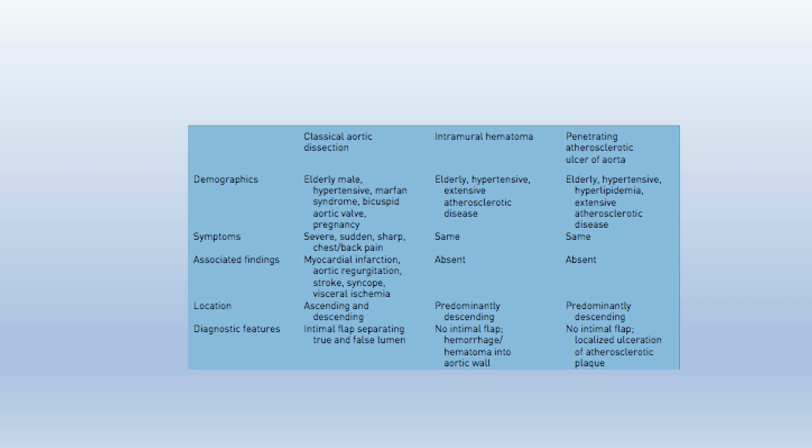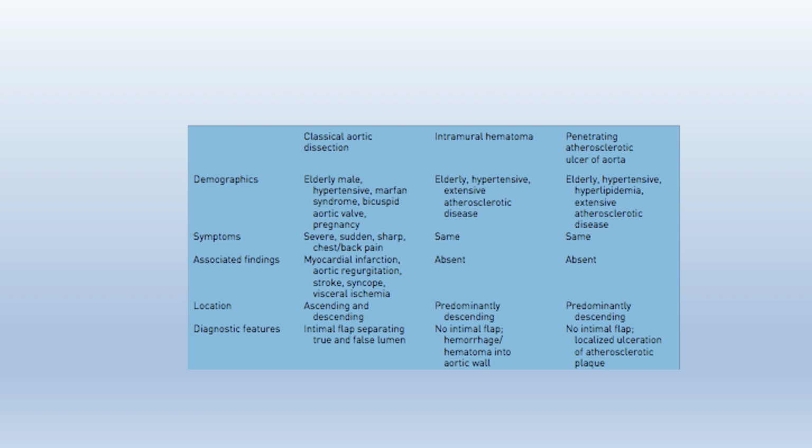The classical aortic dissection, intramural hematoma, and penetrating aortic ulcers. So the demographics of classic aortic dissection: elderly male, hypertensive, marfanoid, bicuspid aortic valve pathology, pregnancy.